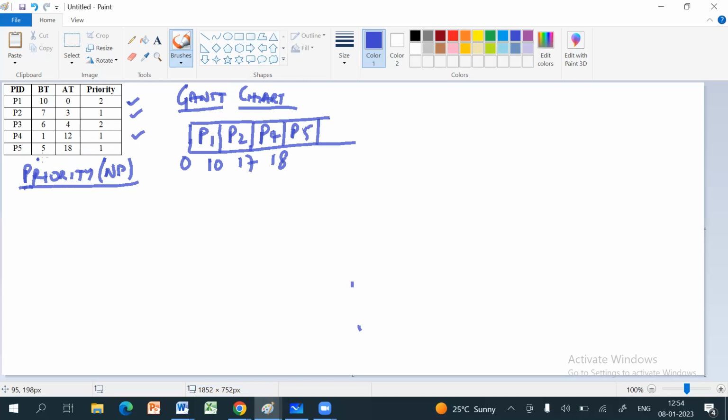P5 will execute for 5 units of time, that is till 23. The remaining one is obviously P3, so P3 will complete last, which is 23 plus the burst time, that is till 29. So that's your Gantt chart for the priority non-preemptive version.